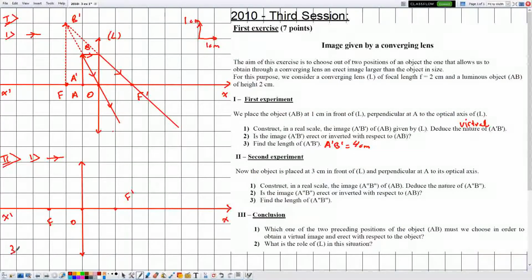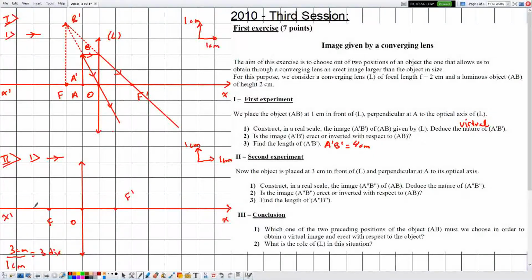Since we are putting data on the graph, we need to divide by the scale along the x-axis, which is 1 centimeter. Let me place here the scale. And this will give me 3 divisions.